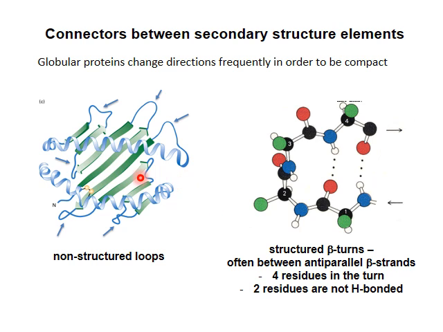Now there's smaller transitions as well, and those are called structured beta turns, and they're usually going to be 4 residues in terms of their amino acid composition, and there'll be some hydrogen bonding interactions between residues 1 and 4, because you're making a drastic change in direction of the strand.